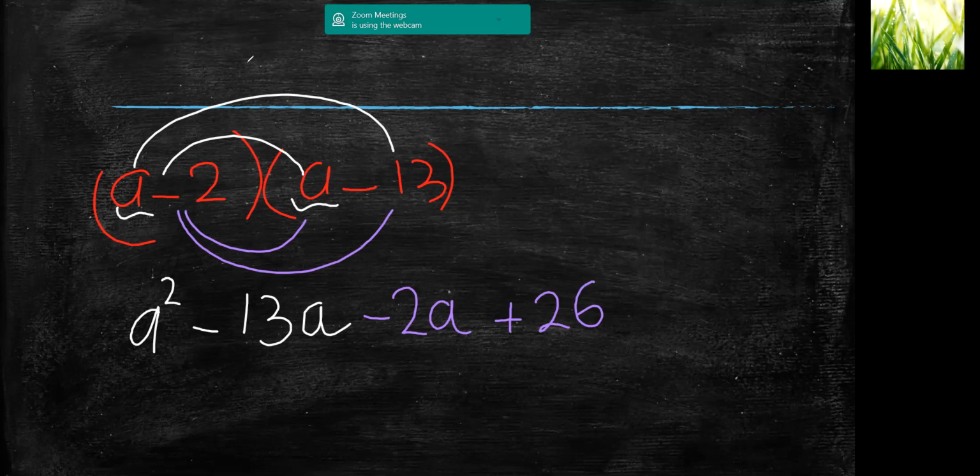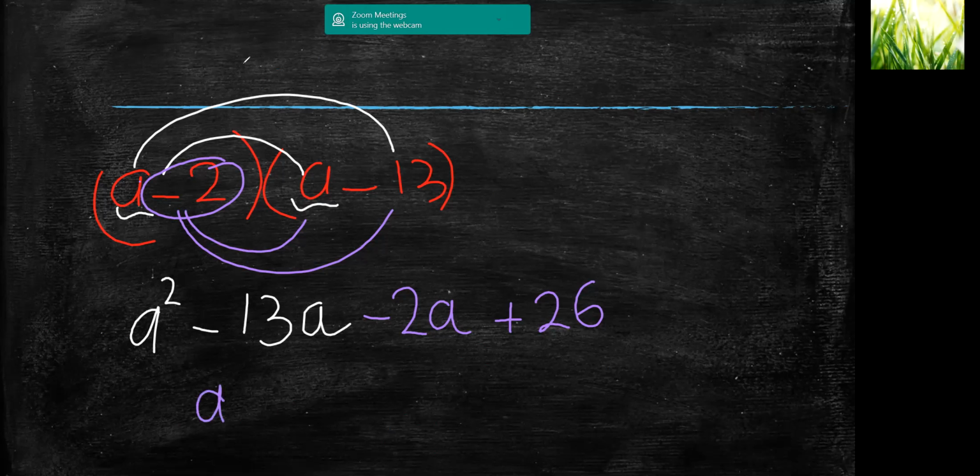Teacher, you are making it like distributive, but without distributing them. As a first step, I multiply a with a, then a with negative 13. Then I will go to the second one, negative 2 times a, and negative 2 times negative 13, which is positive 26. Then I will simplify them.